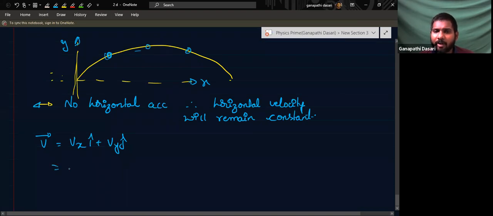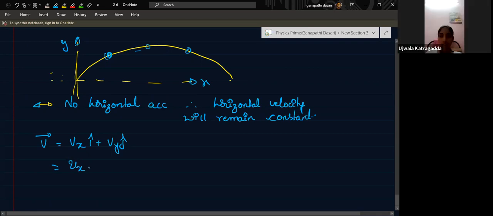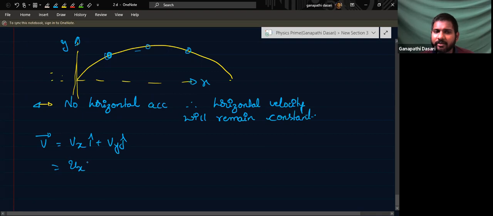How to find the horizontal velocity? Vx is Ux plus Ax t, and Ax is 0, so Ux i cap, which will remain constant through the motion. Vy is Uy plus Ay t, that is Uy minus gt into j cap. This is how you write the velocity vector.